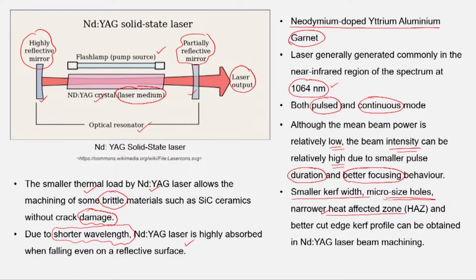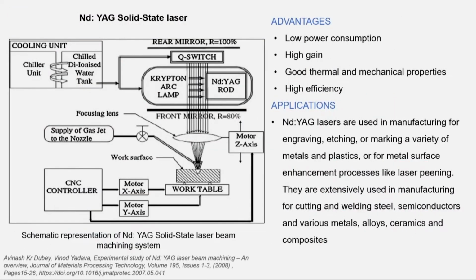Now, on your screen you can see one more arrangement of this Nd:YAG solid state laser. Here you can see the Nd:YAG rod, that is a solid state rod, and there is an arc lamp, a krypton arc lamp.